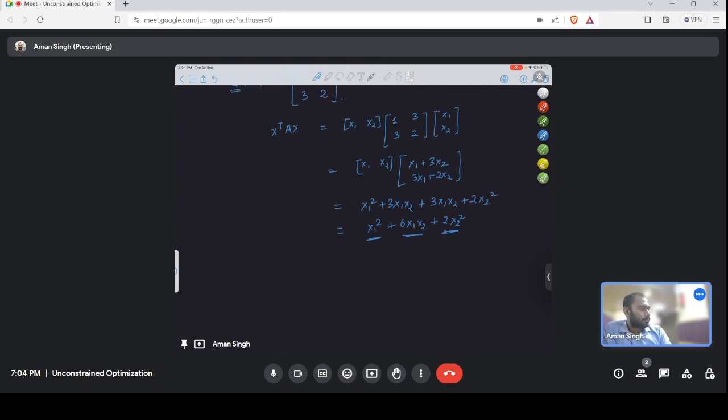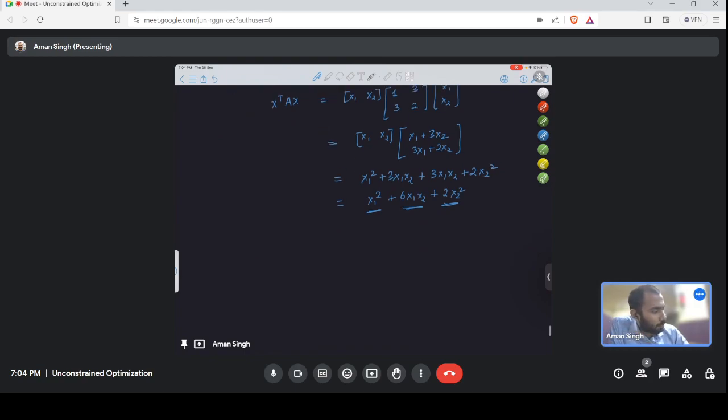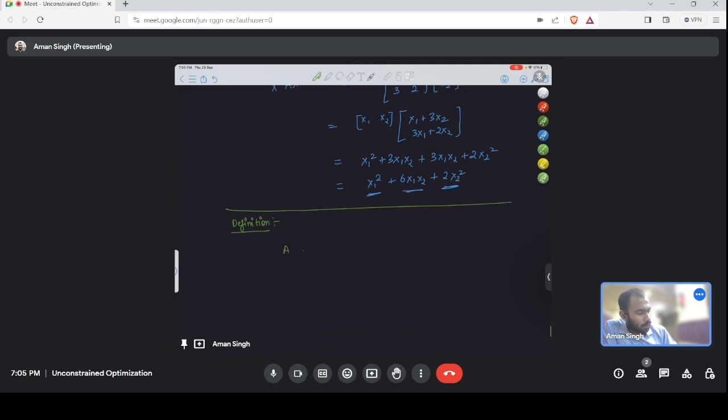Now we'll define a few terms through a table, because all of those terms are almost the same. You might have heard of these terms.